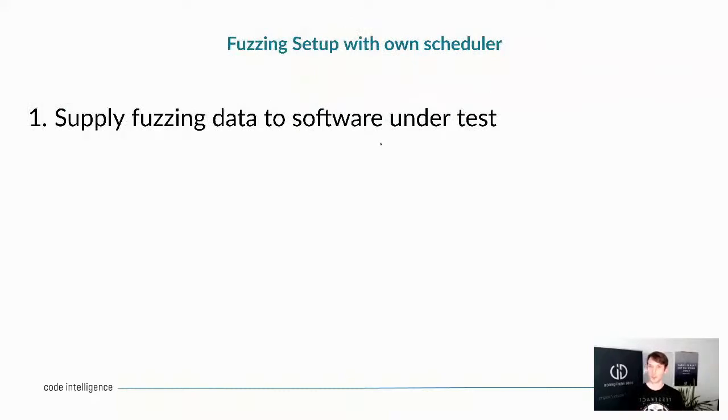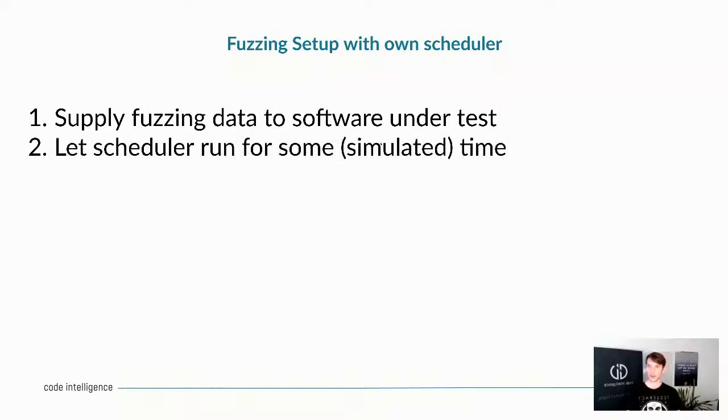So how would this setup then with your own scheduler look like in this fuzz test? So step one would be your fuzzing engine supplies fuzzing data to the software under test. And then you let the scheduler run your software under test for some simulated time so that it can process the input that it got from your fuzzing engine.